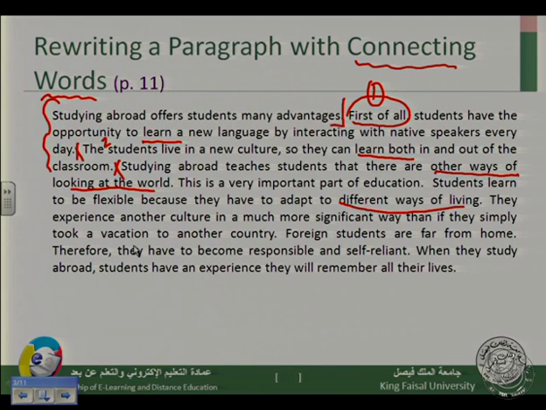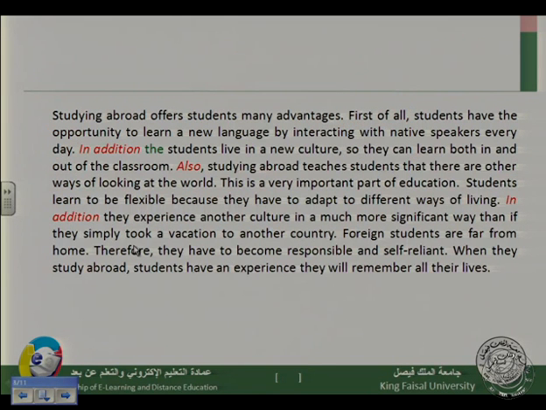We would like to take a look at this paragraph, but after we've added connecting words, and see what it looks like. So this is the same paragraph, but we've added connecting words. So here it says, studying abroad offers students many advantages.